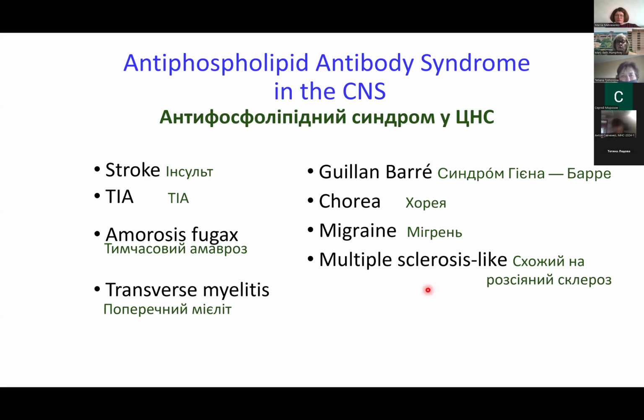So you can get strokes, you can get TIA, transient ischemic attacks. You can get amaurosis fugax, where your retinal artery is having a transient clot. So the patient feels like there's a curtain that comes down over their eyesight, and then it may go back up again. They can get transverse myelitis.